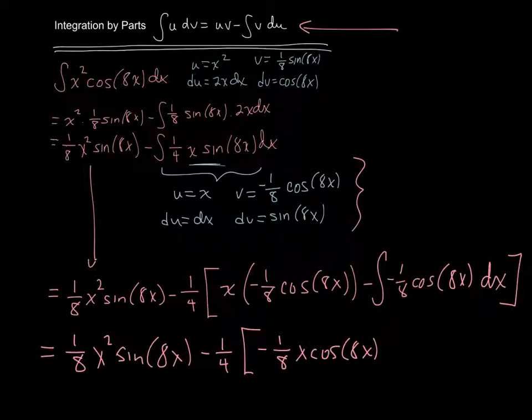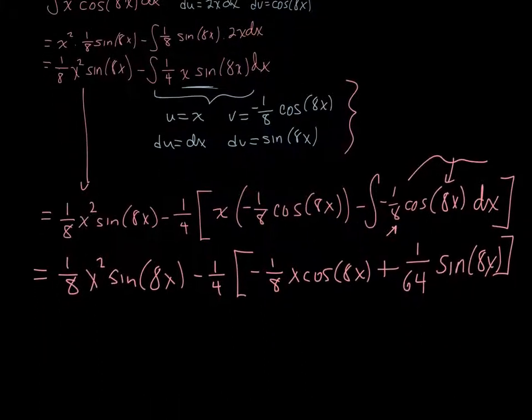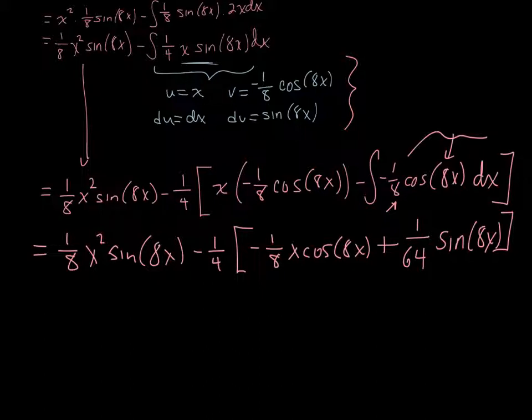I'm doing the antiderivative of this piece, so I'm going to get plus 1/64, right? Because there's an 8 there, and I have to do 1/k, so 1/8 times 1/8, sine of 8x. And now my last step is I can just multiply this stuff out.